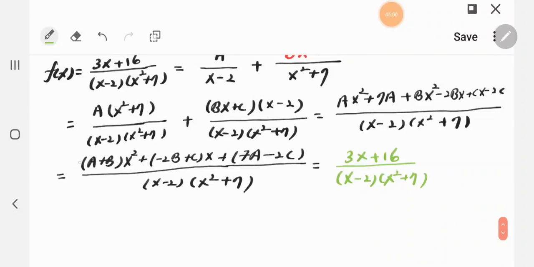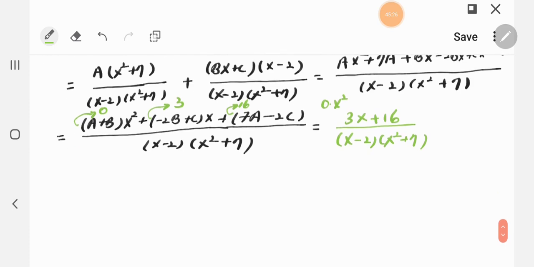From this, the coefficient of x squared is 0, so a plus b should be equal to 0. The coefficient of x should be equal to 3, and the constant part should be equal to 16. The numerators should be equal, so the corresponding coefficients should be equal. So we have a system of three equations. a plus b is equal to 0. Then negative 2b plus c is equal to 3.